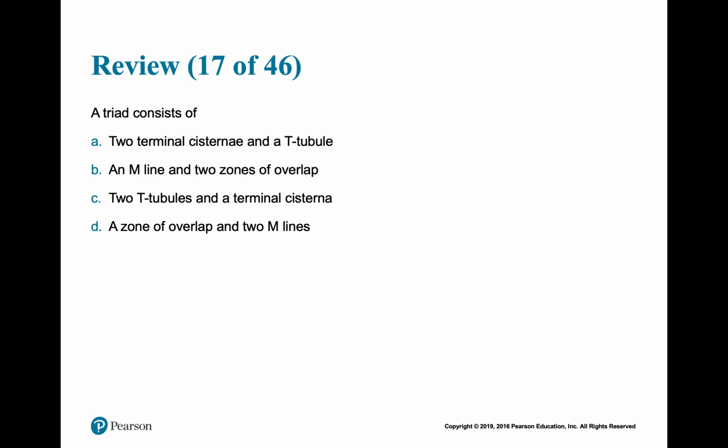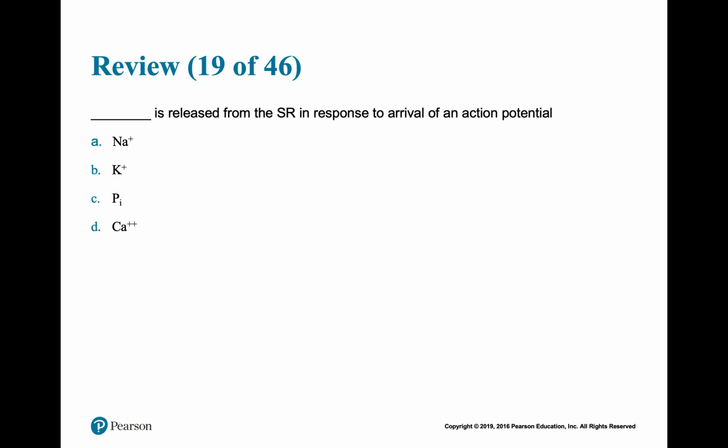A triad consists of two terminal cisternae, which are structures of the sarcoplasmic reticulum, and a T-tubule, which is an extension of the sarcolemma. It's an extension of the skeletal muscle plasma membrane. Blank is released from the sarcoplasmic reticulum, the SR, in response to the arrival of an action potential.